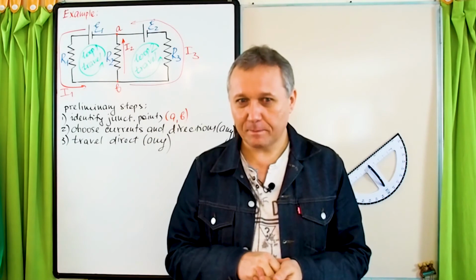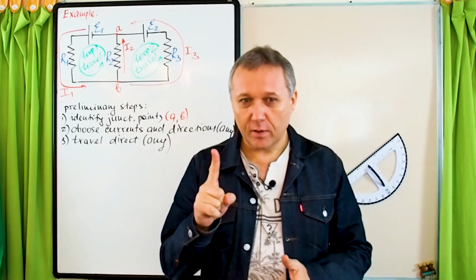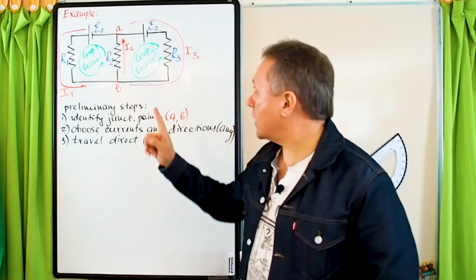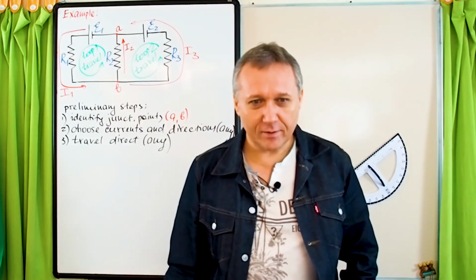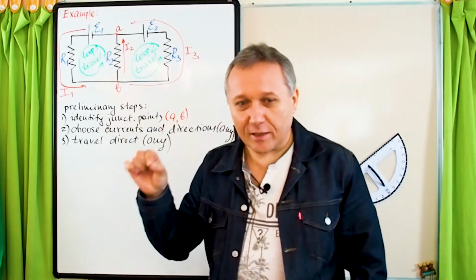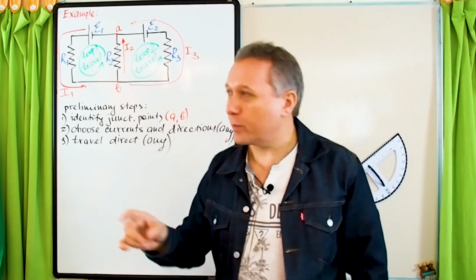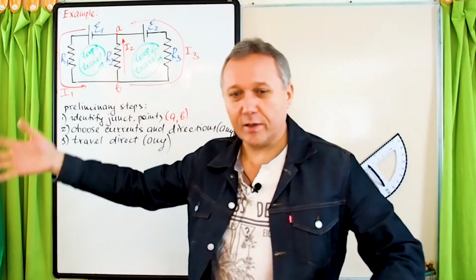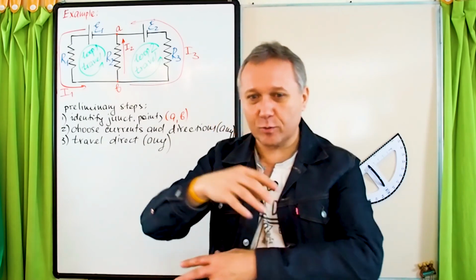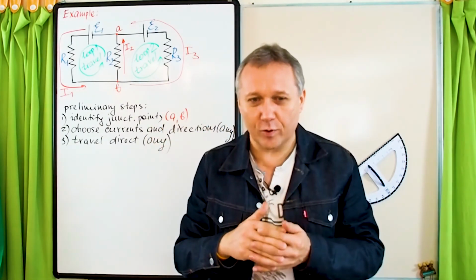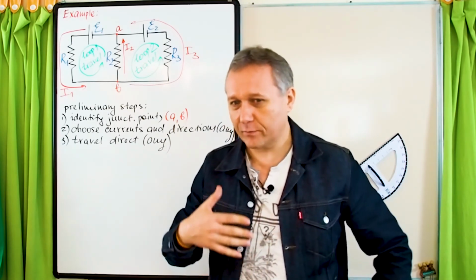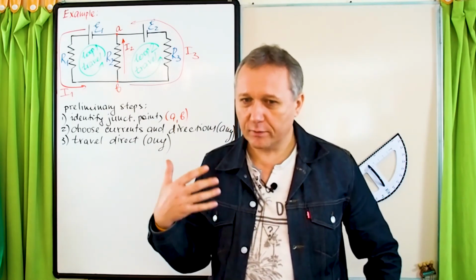You know why? Because now he had to sit and check. All students picked all the possible directions, and he had to sit and carefully check each term. Okay, the current direction is this way, travel this way, so is it plus, minus? It's a ridiculous amount of work, right? So I realized that it was very stupid of me to give that freedom.